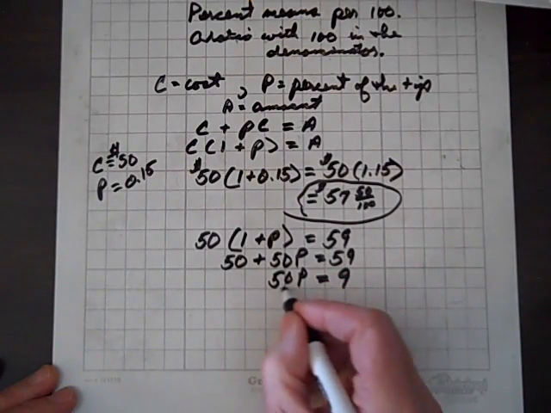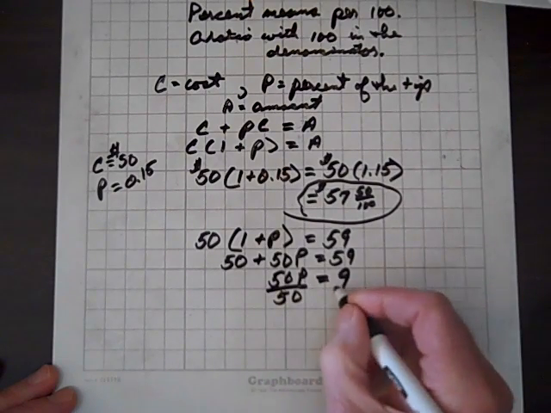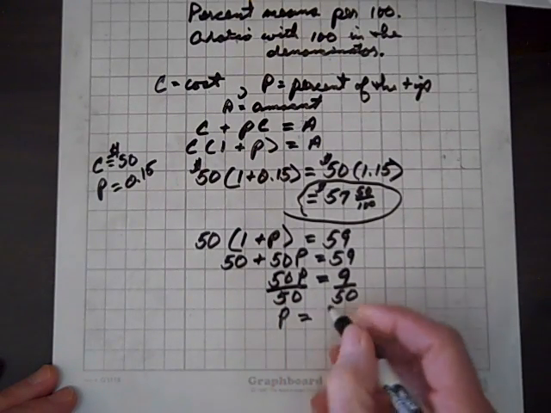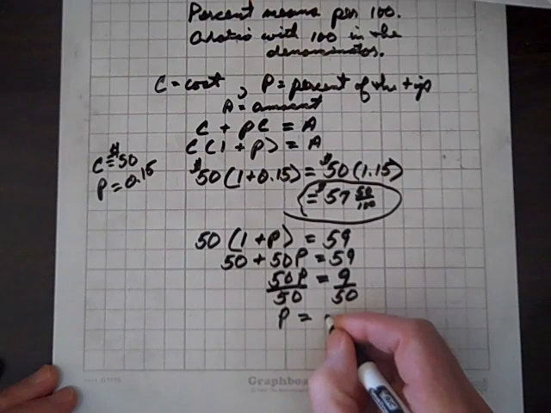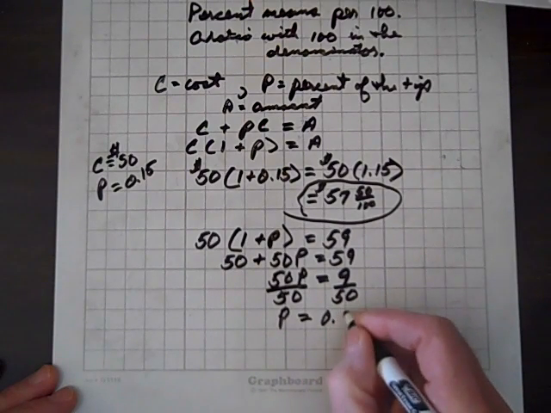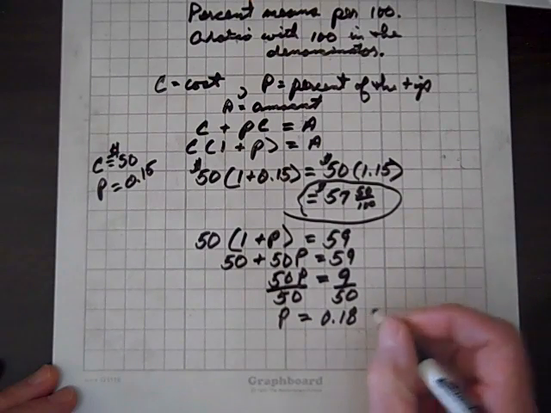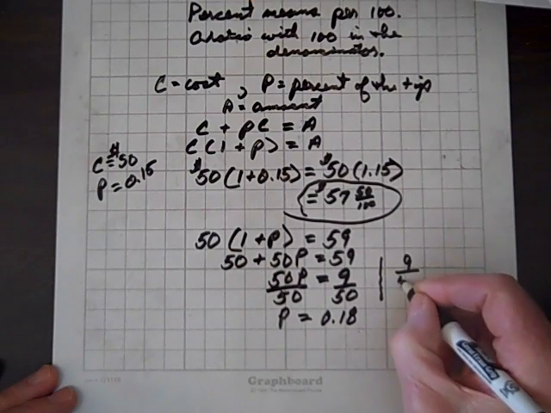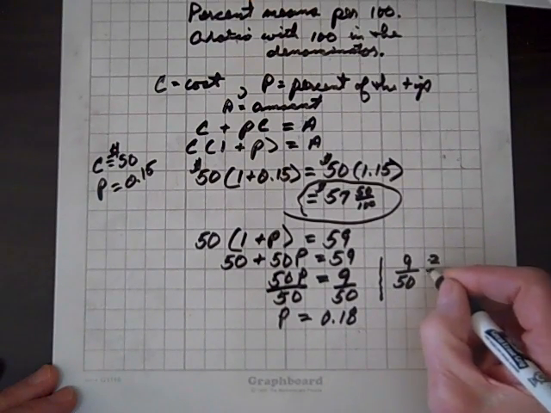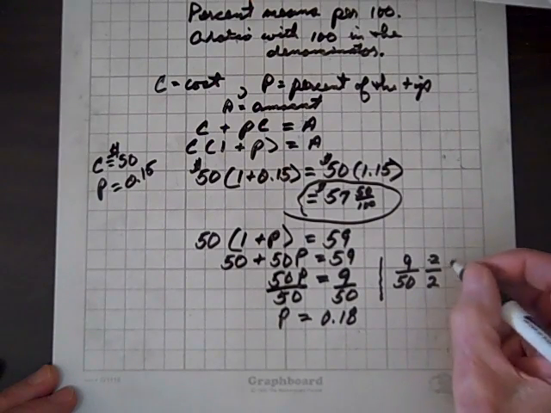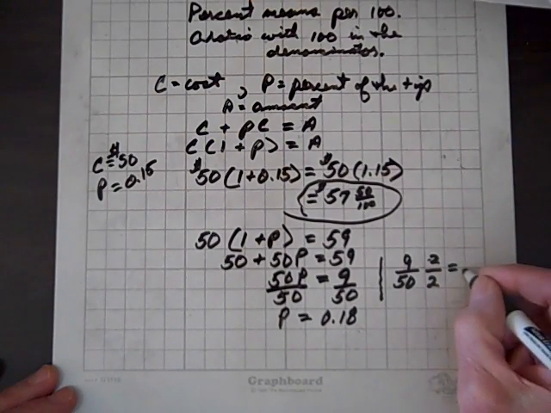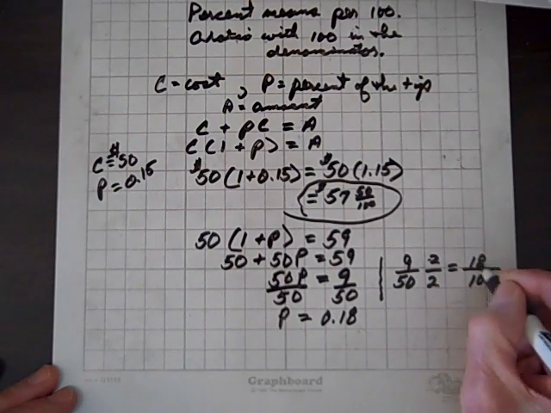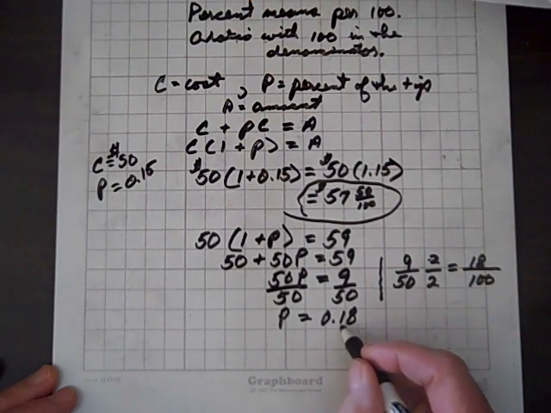Now we still have to isolate P, so we'll divide both sides by 50, and P equals 9 over 50, which turns out to be 0.18. Now let me take an aside here for a moment. 9 over 50, if we multiply by 2 over 2, in other words, we multiply by 1 in the form of our choice, 2 times 50 is 100, and 2 times 9 is 18, and so that's where that 0.18 came from.